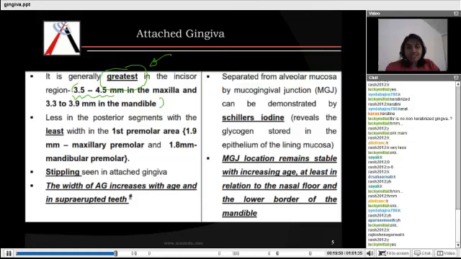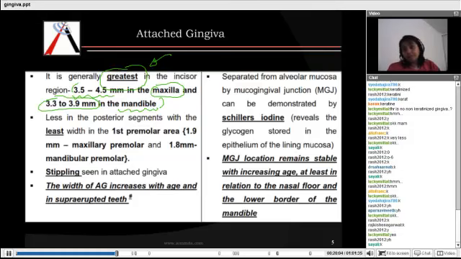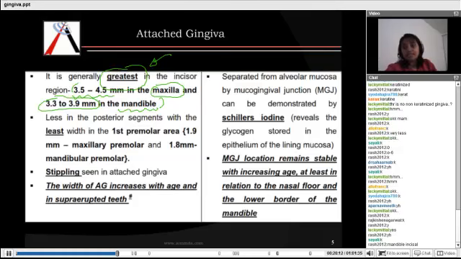If you notice, it's 3.5 to 4.5 mm in maxilla, 3.3 to 3.9 mm in mandible. Now if I frame my MCQ, width of attached gingiva is maximum in, and then the options are maxillary incisors, mandibular incisors. What would be the choice?